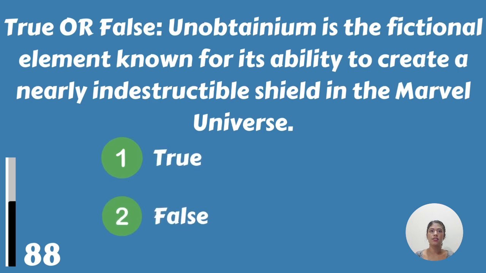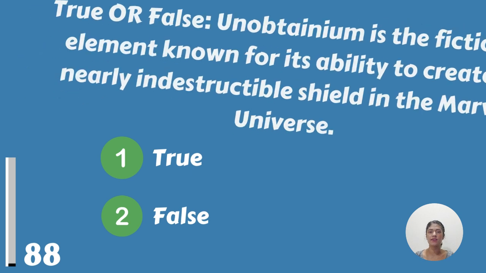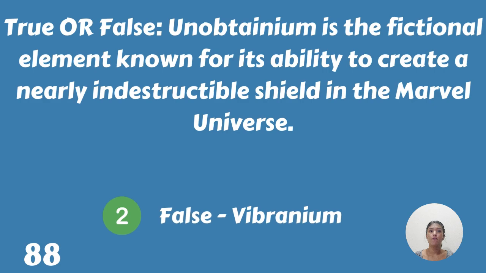True or false? Unobtainium is the fictional element known for its ability to create a nearly indestructible shield in the Marvel Universe. True or false? False. It's vibranium.